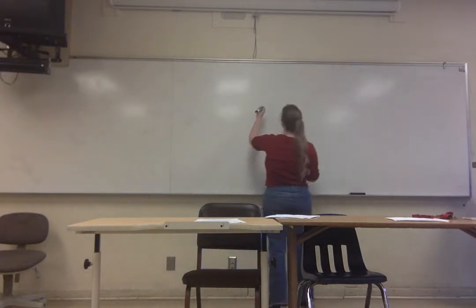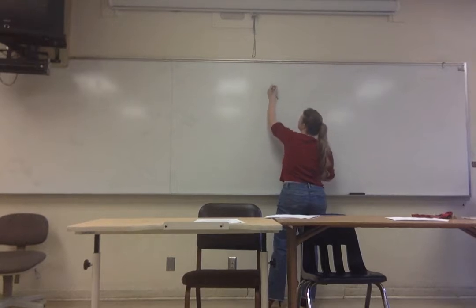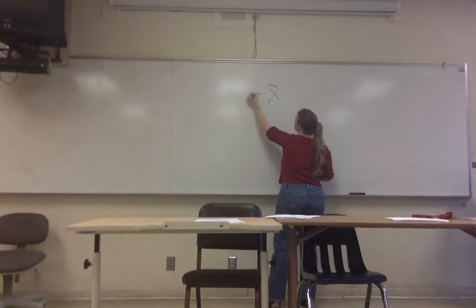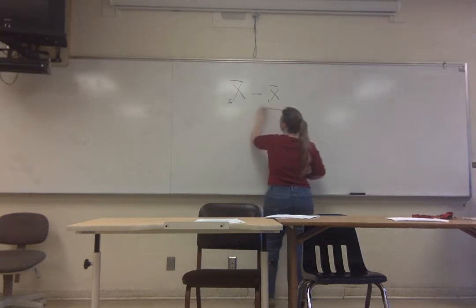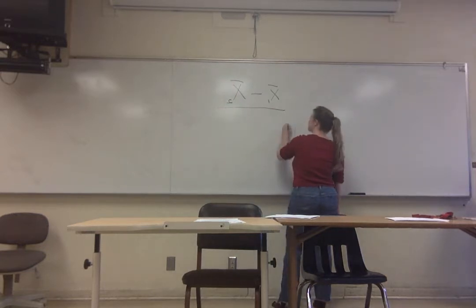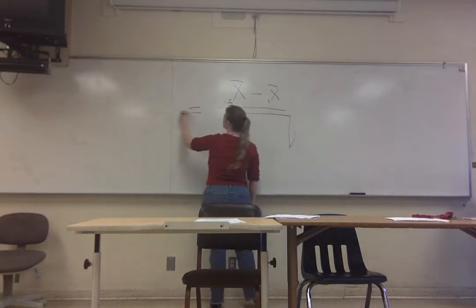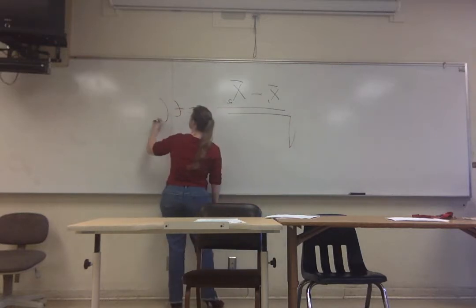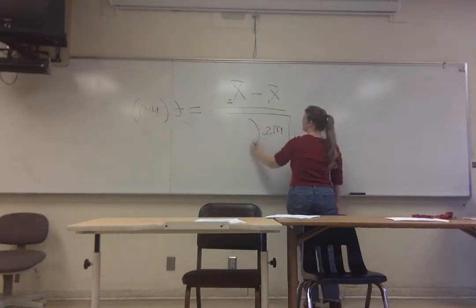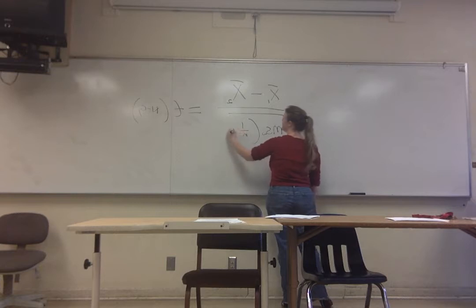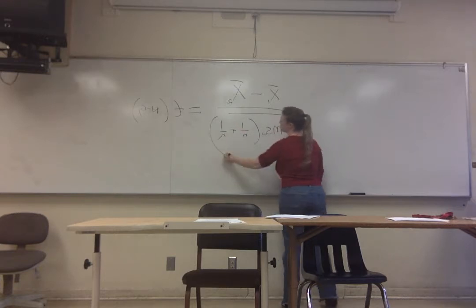And the equation for a follow-up t-test is always the same. We take the average of one particular group, subtract it from the average of another particular group, and divide it by standard error. This will give us our t-test, with degrees of freedom of n minus g. So you take your mean square within, you multiply it by 1 over n plus 1 over n.